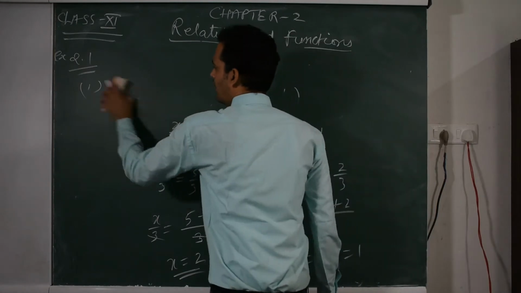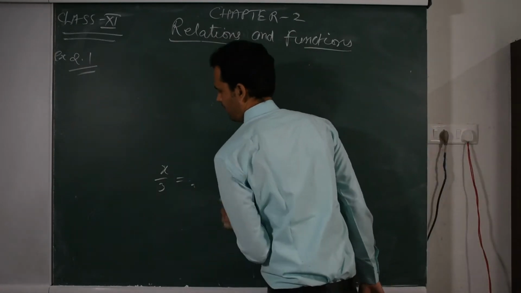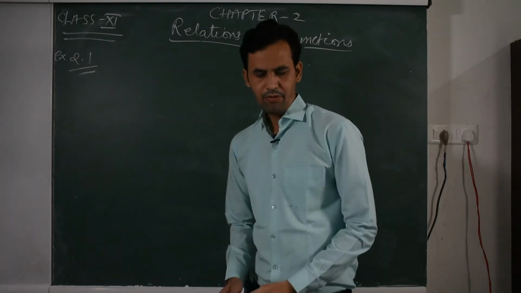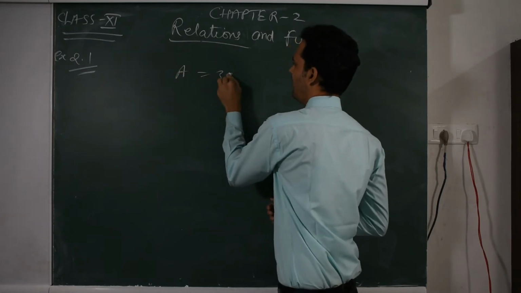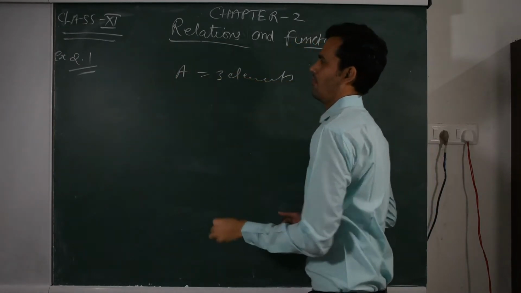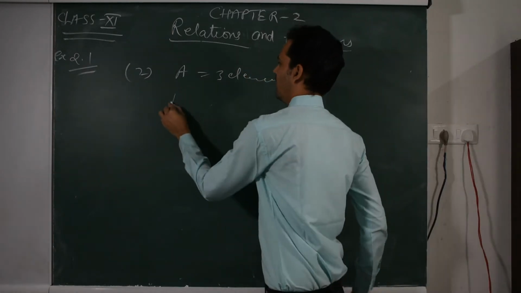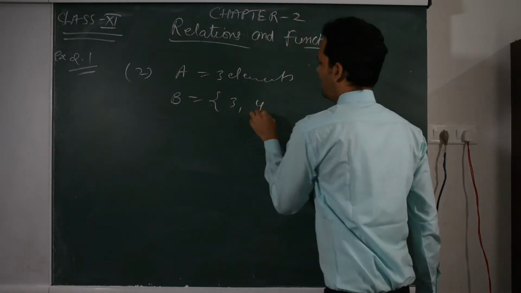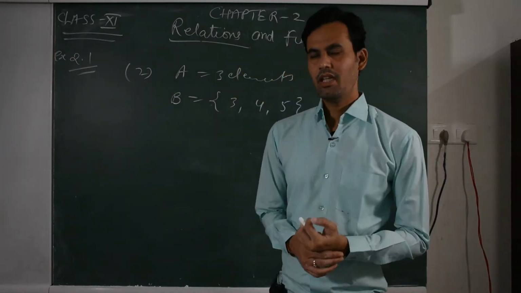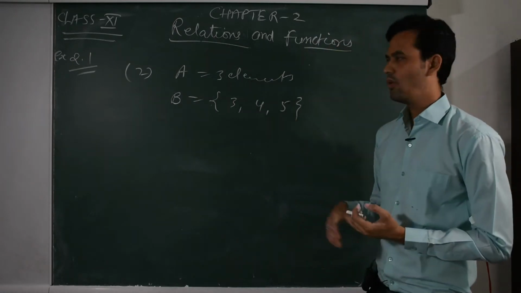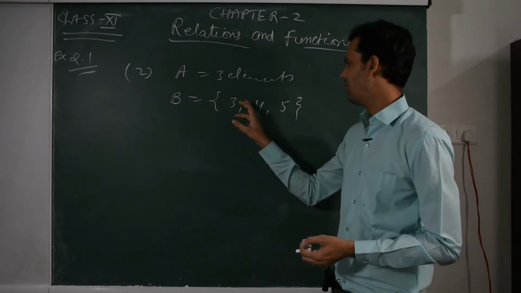Now next question, question number 2. If a set A has 3 elements and set B is also having 3 elements, which are 3, 4, 5, find the number of elements in A cross B. So A has 3 elements and B has also 3 elements, 3, 4, 5.